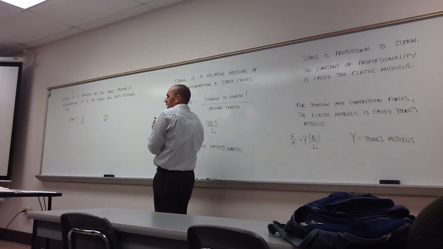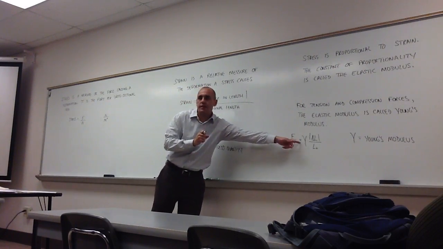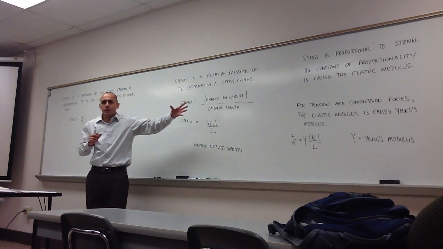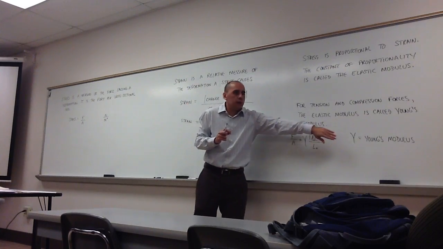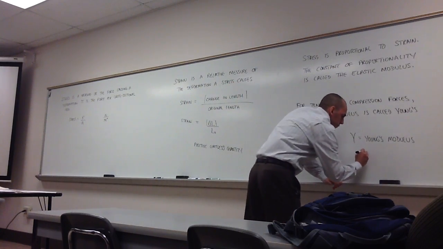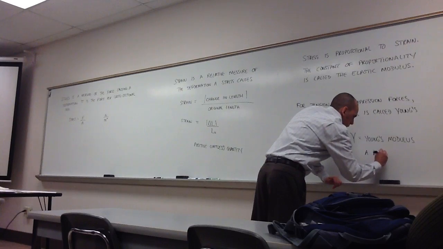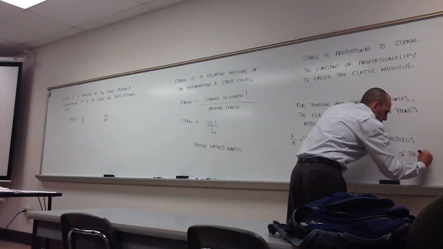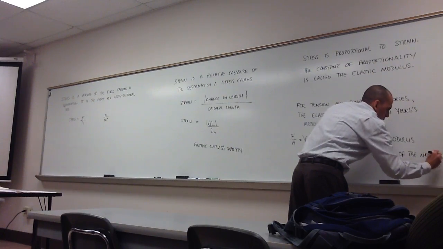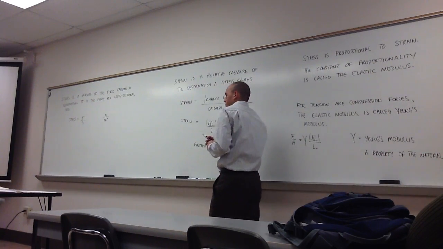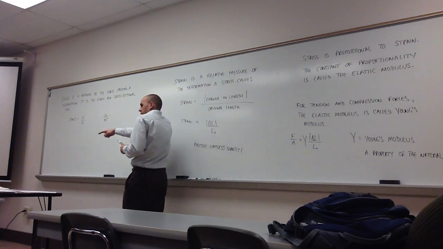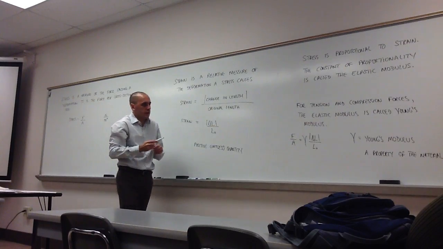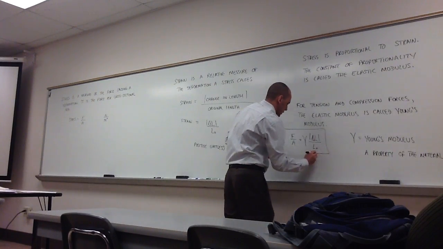Kind of a curly looking Y. I don't care how you write it, but that's what it is for that constant. That Young's modulus, or the elastic modulus, is just a property of the material. So of course you'd have a different Young's modulus for the wire that I was pulling on, or a rubber band, or a string. Those would all have a different Young's modulus value.